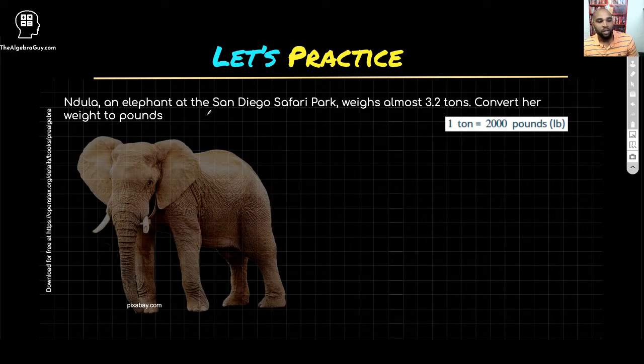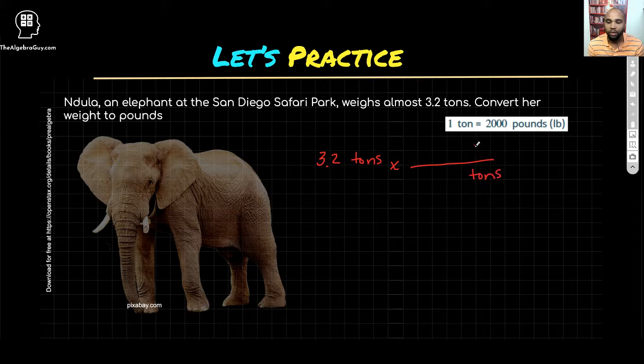Dula, an elephant at the San Diego Safari Park, weighs almost 3.2 tons. Convert her weight to pounds. Now, I put a snippet here so that we remember what the conversion is while we set this up. So she's 3.2 tons, and we want to convert that. I already know that we're going to put tons on the bottom because that's going to cancel out.